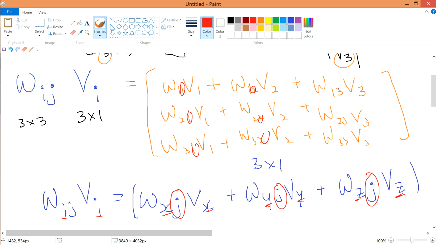The changing thing is always the j's across each line. So j changes from 1 to 2 to 3, and then for the next vector changes from 1 to 2 to 3 again. This is the meaning of that.